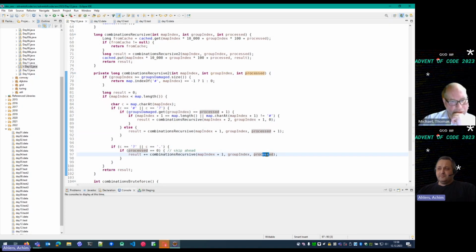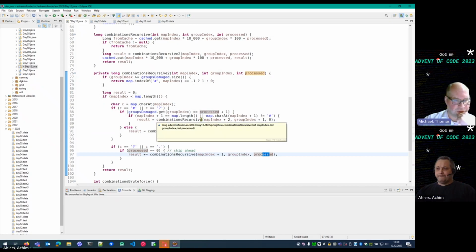But in that case, it is important that processed is still at 0. That we didn't start processing the sequence of hot springs, because otherwise we would tear it in two parts, and that is not allowed. Also very complicated code.